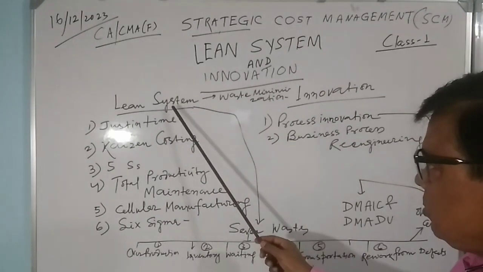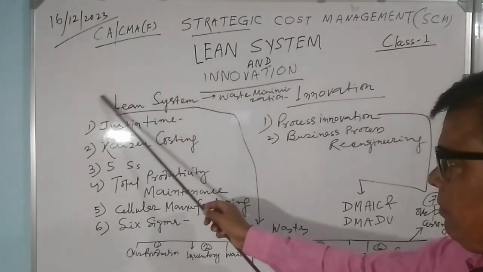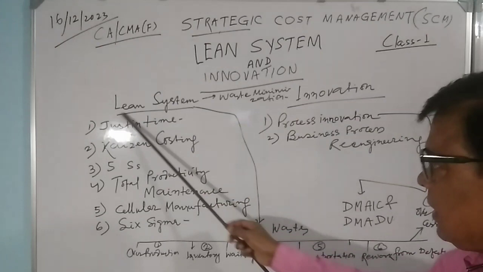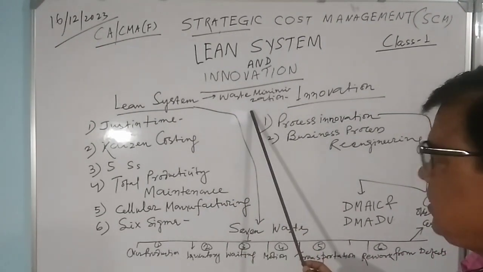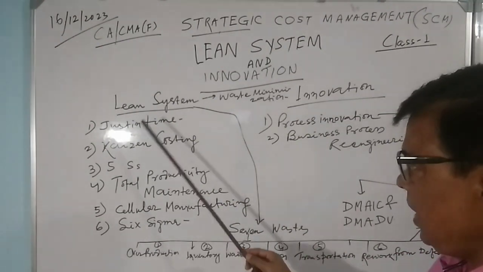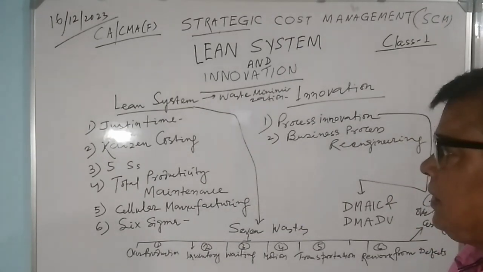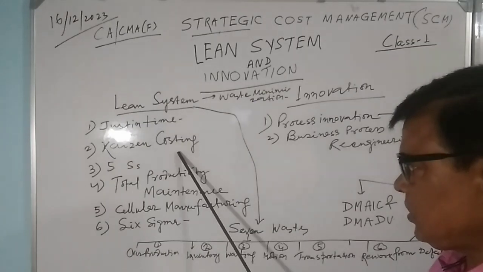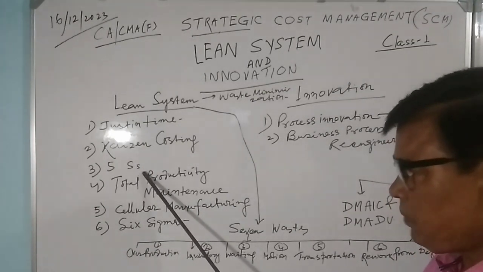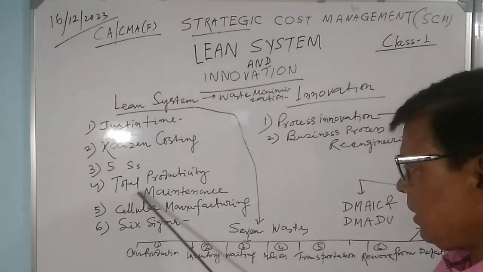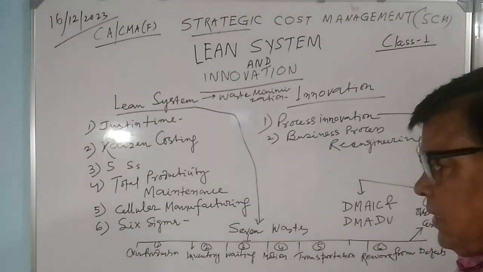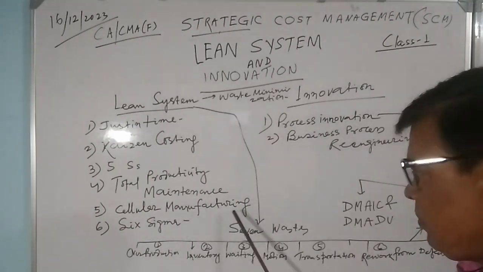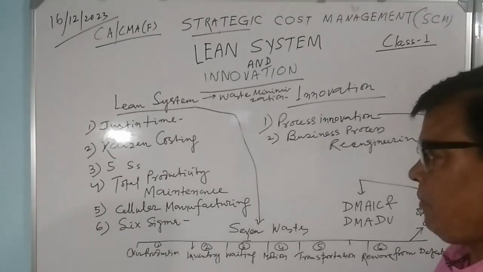Under this lean system, basically waste minimization and efficiency development, there are many techniques. One is just in time, one is Kaizen costing, another is 5S, total productive maintenance, cellular manufacturing, and Six Sigma.